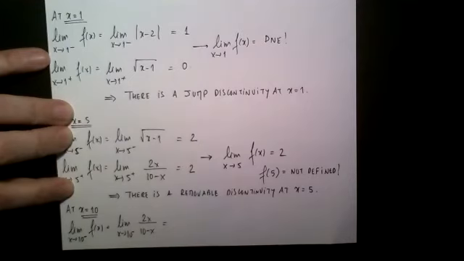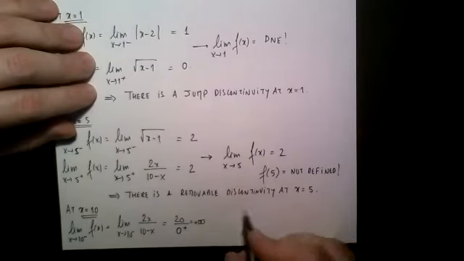What is that going to be? I will have 20 on top, and on bottom I have 0. But since I am a bit less than 10, this is a positive number, so 0 plus, so I get positive infinity.